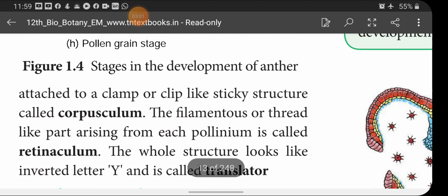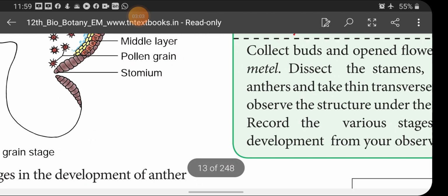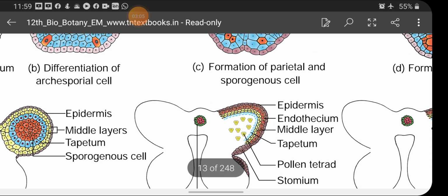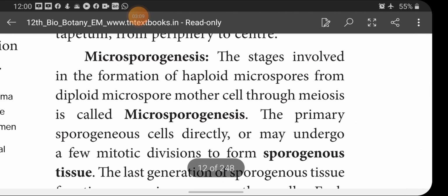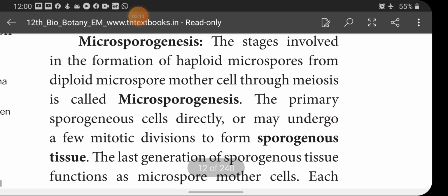Here I'll recall the things once again, children, about microsporogenesis. Definition: what is microsporogenesis? The stages involved in the formation of haploid microspores from the diploid microspore mother cell by meiosis is called microsporogenesis.